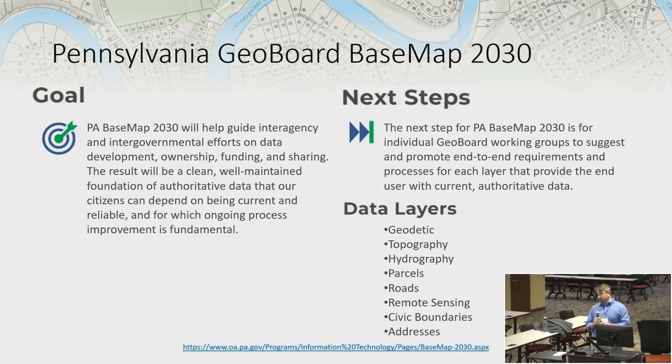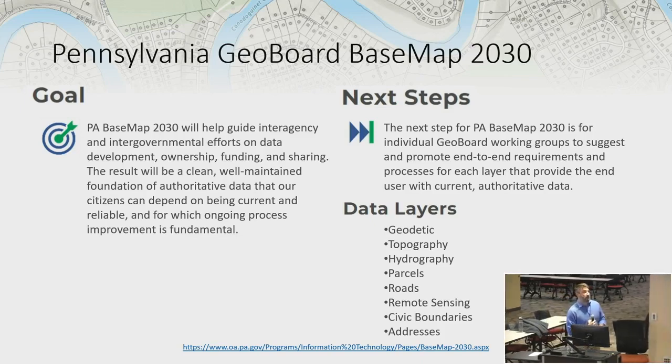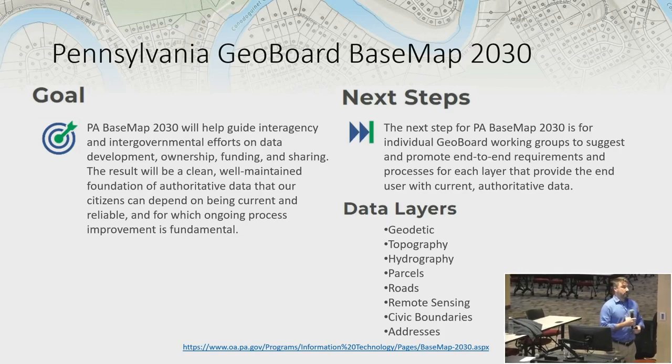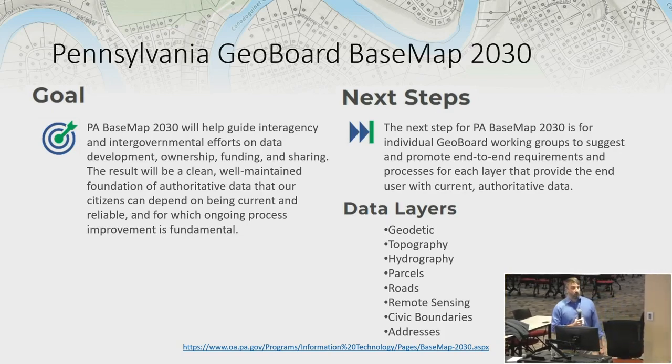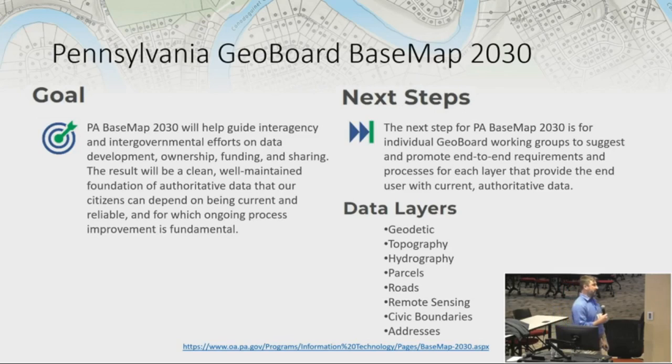Almost every one of these has a dedicated working group, all volunteers throughout county, state, private organizations working towards creating these data layers for just making them more accurate, making them more authoritative, making them more available, improving them. So today we're going to be talking about addresses specifically.